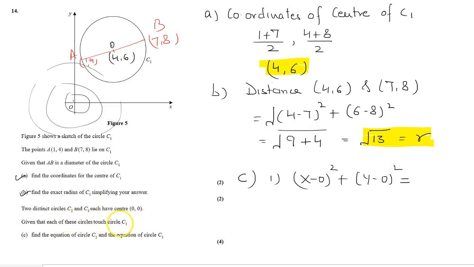Given that each circle touches C1. Now if it is touching C1, let's say the circle is this.